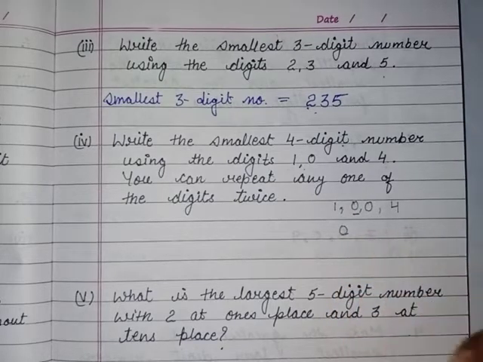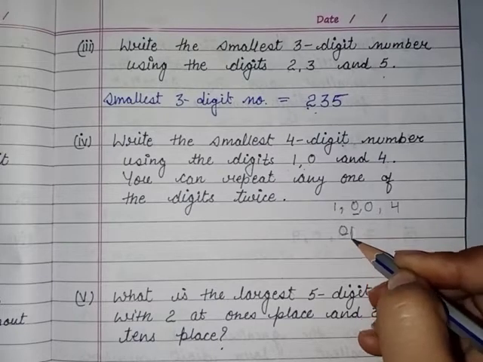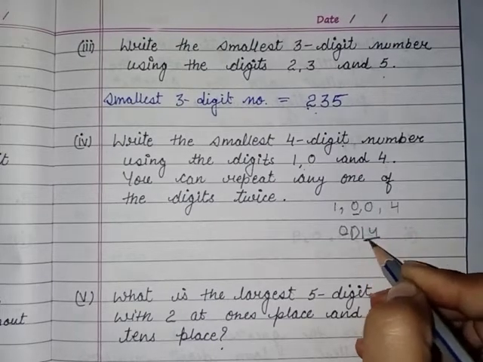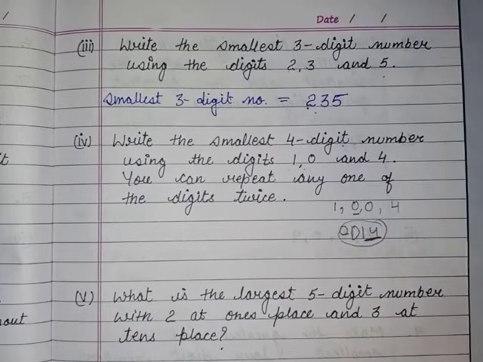आप 0 को starting में नहीं लिख सकते हैं. Why? Because if you put zero at the start, it will become a 2-digit number. Okay, it will become 14. 14 is a 2-digit number.